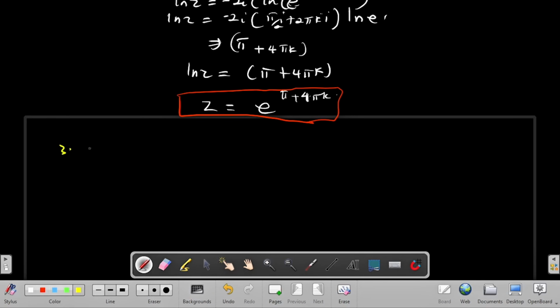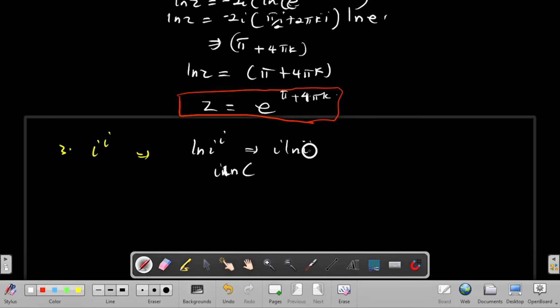Let's check number 3. Solve for i to the power i, complex power again. What's the first step? Bring your i down. That's the first step. Bring my i down. I find ln of i to the power i. This gives me i ln i. You can see an i within the argument of ln. What do you do? You find the polar representation. So I have i ln.